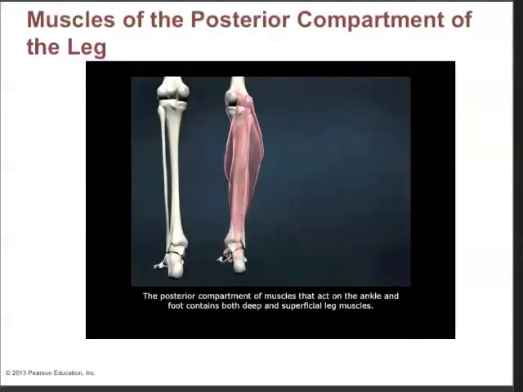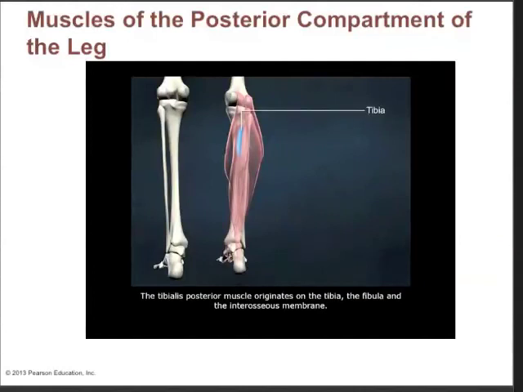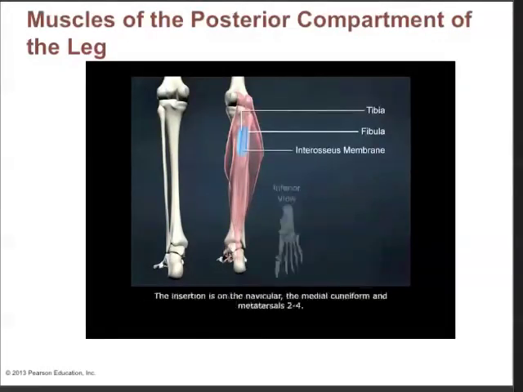The posterior compartment of muscles that act on the ankle and foot contains both deep and superficial leg muscles. The deep posterior compartment contains the tibialis posterior muscle, the flexor digitorum longus muscle, and the flexor hallucis longus muscle. The tibialis posterior muscle originates on the tibia, the fibula, and the interosseous membrane.